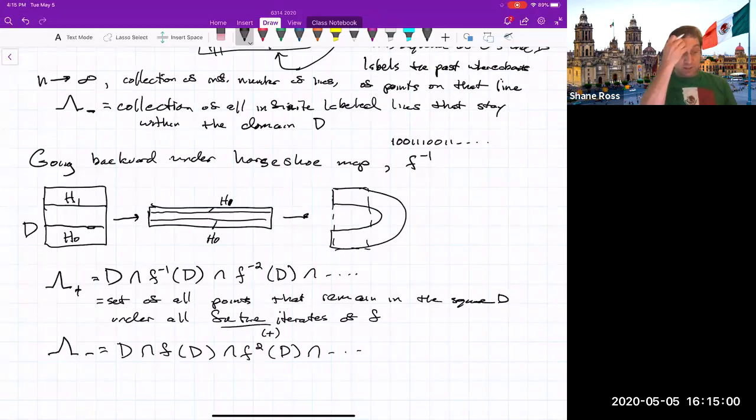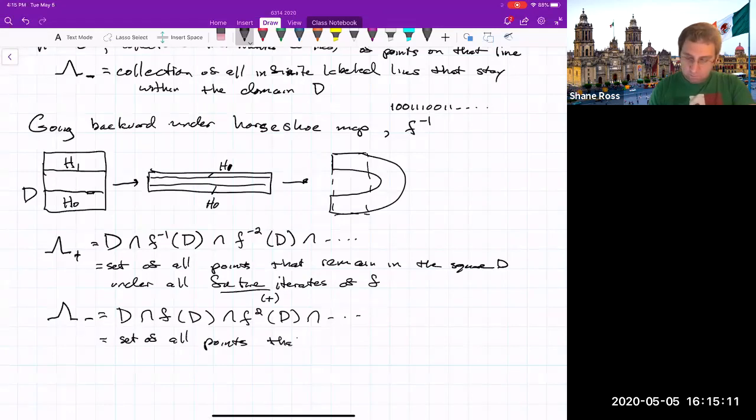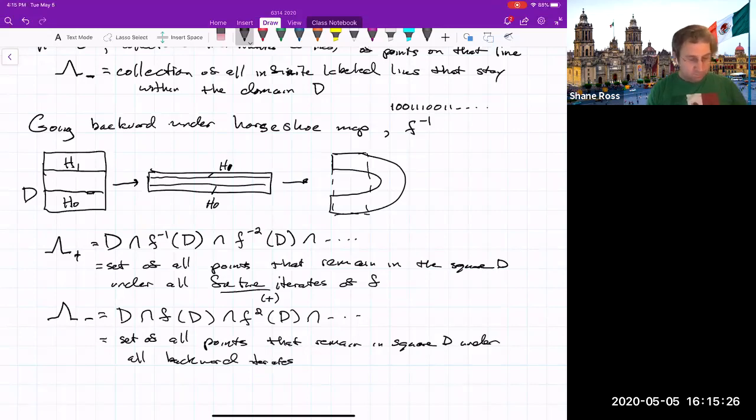This is the set of all points that remain in D under all backward iterates of F, meaning under all iterates of F minus.